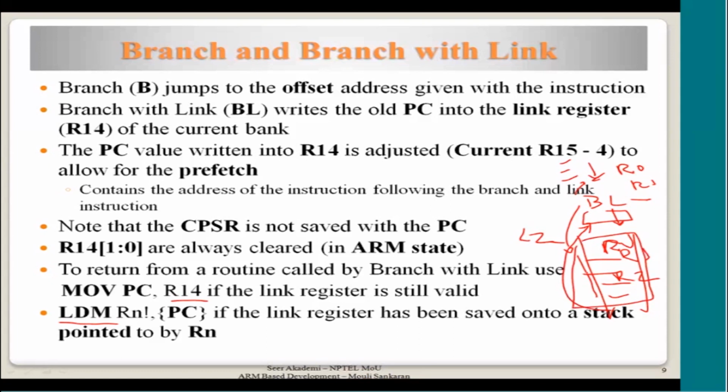What you are supposed to do is save the registers which you are going to use in the subroutine, and then copy them back just before returning, so that you get the same state of those registers that was there prior to this BL instruction. To achieve this, you have to use STM here and LDM.